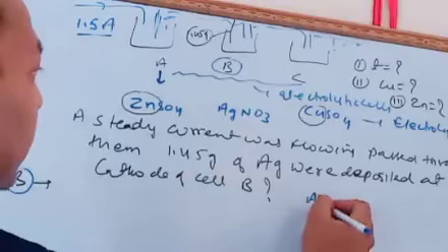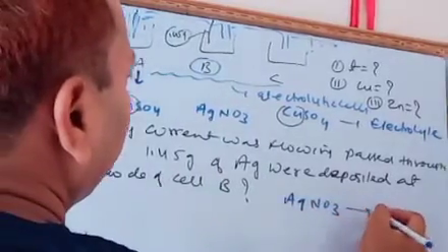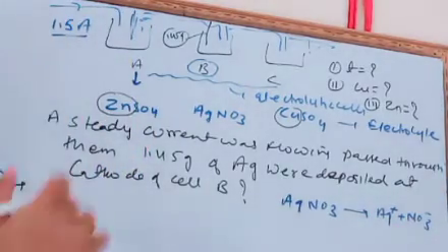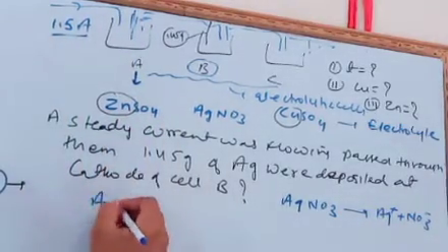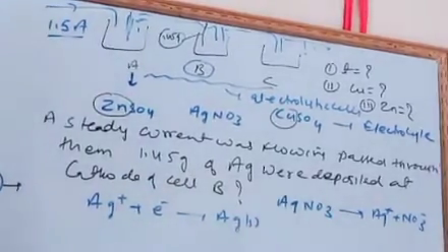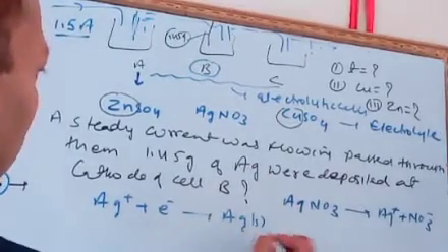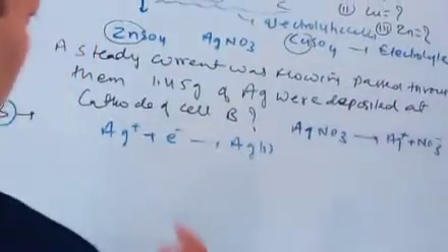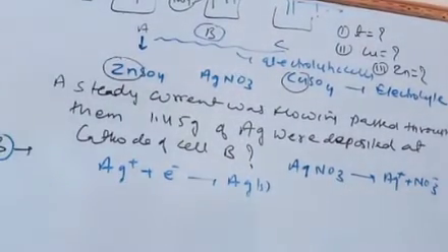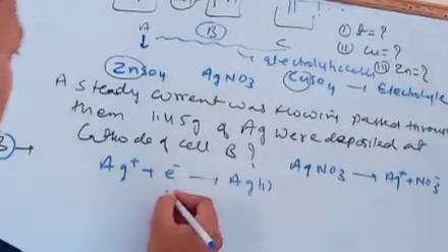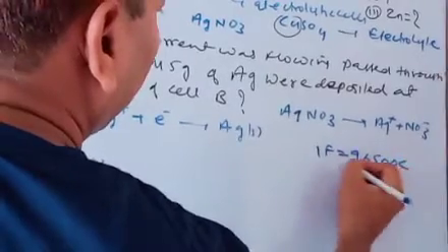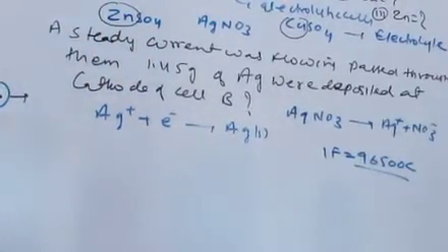The simple work: silver nitrate gives Ag+ ion plus NO3- ion. Now the electrode reaction at cell B: the silver ion will take up one electron and form silver. We all know the atomic mass of silver is approximately 108. Here the charge is 1 Faraday, and 1 Faraday is equal to 96500 coulomb. 1 mole of electrons is equal to 1 Faraday.